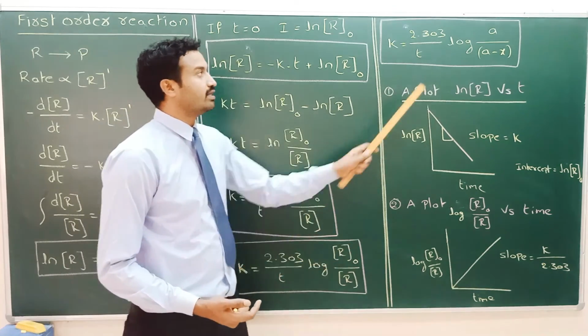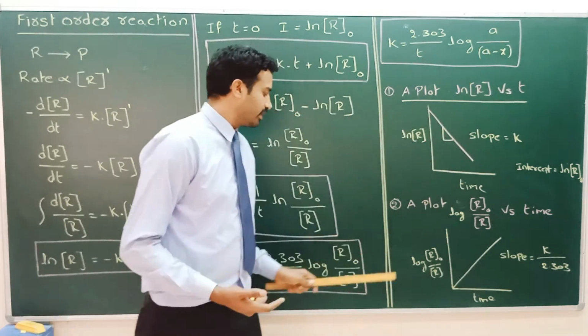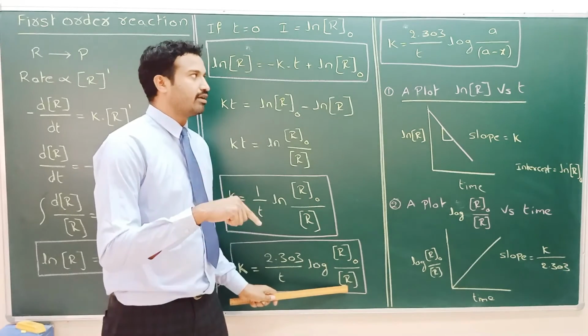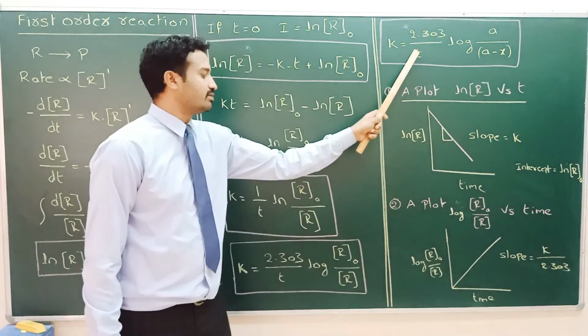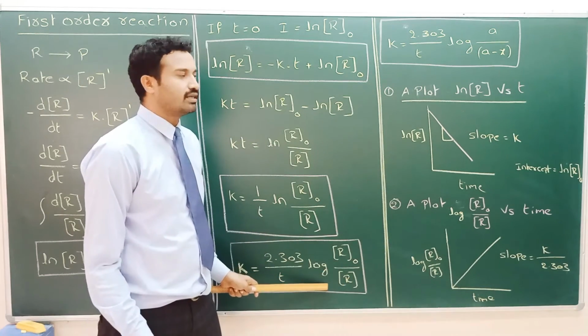We can take the initial concentration as a, and then the concentration at time t is a minus x, so we can write either formula for the first order derivation.